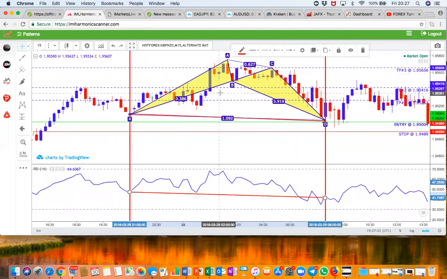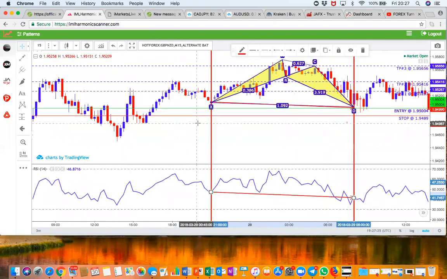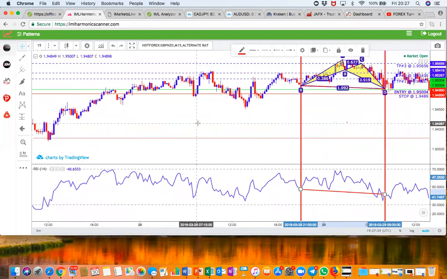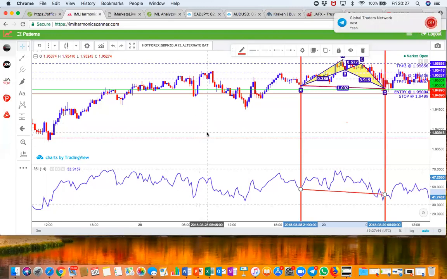Okay, so this is where we will draw the support and resistance line. We look at the highs and lows. This is the third rule. You look for the highs and lows.